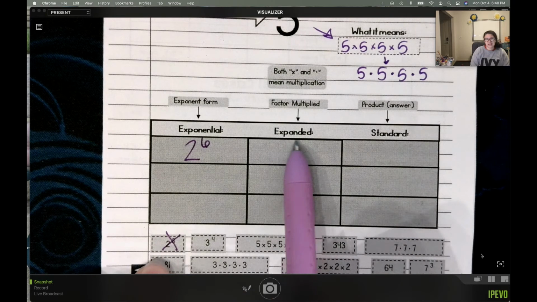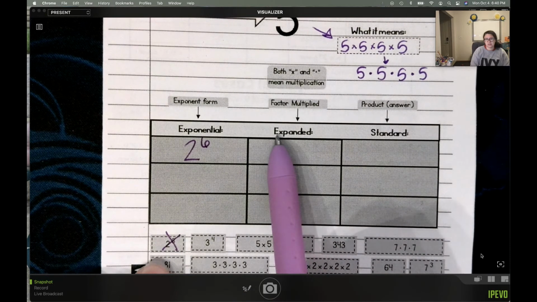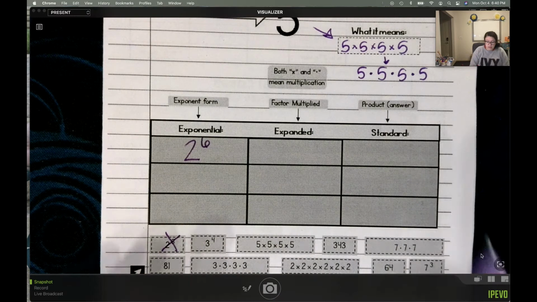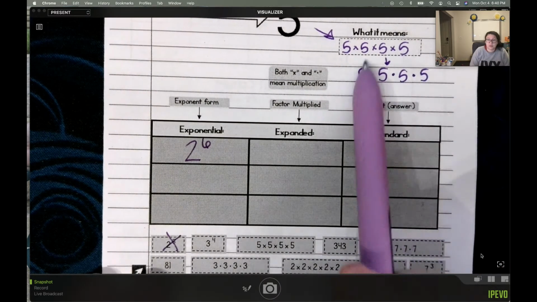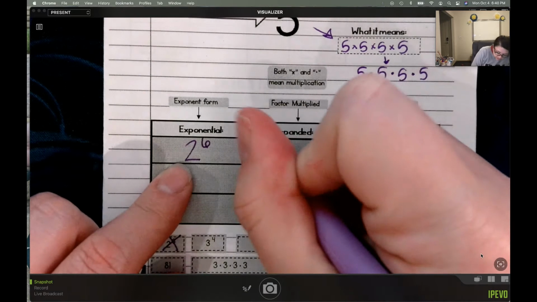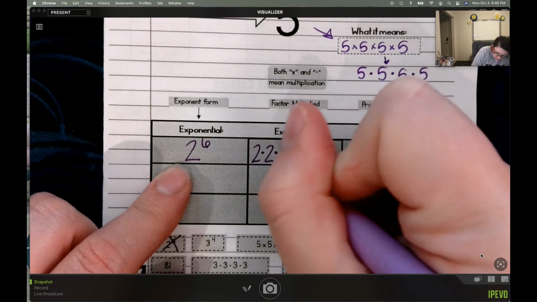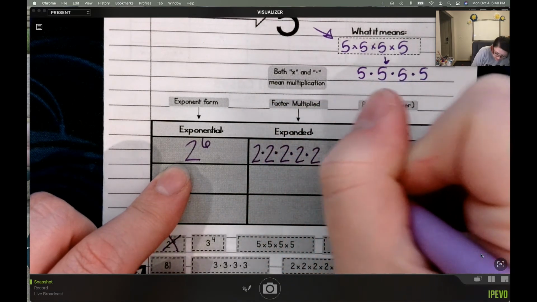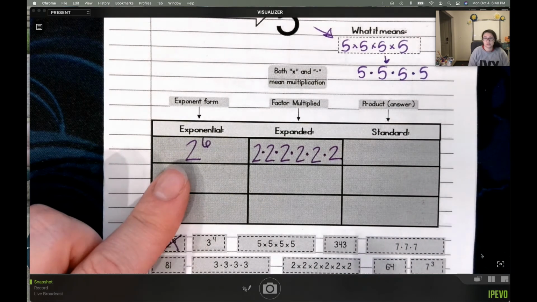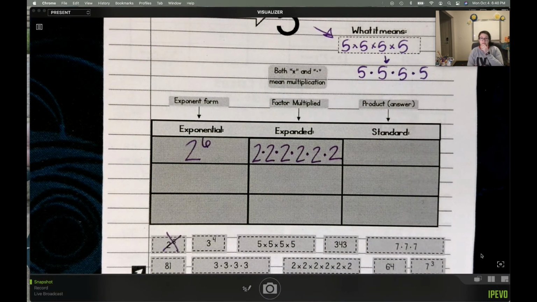If I expand something, what does that mean I'm doing? Expand means you make it bigger. This is an example of expanded form. I'm showing the multiplication that I'm actually doing. So I want to show 2 times itself 6 times: 2 times 2 times 2 times 2 times 2 times 2.